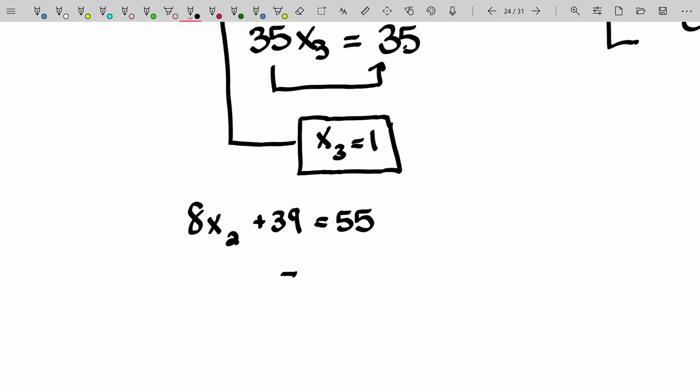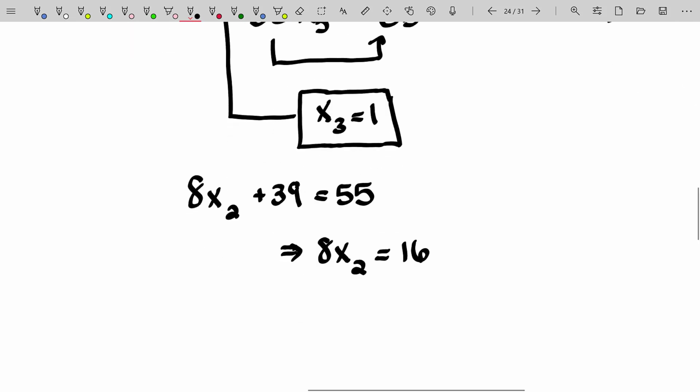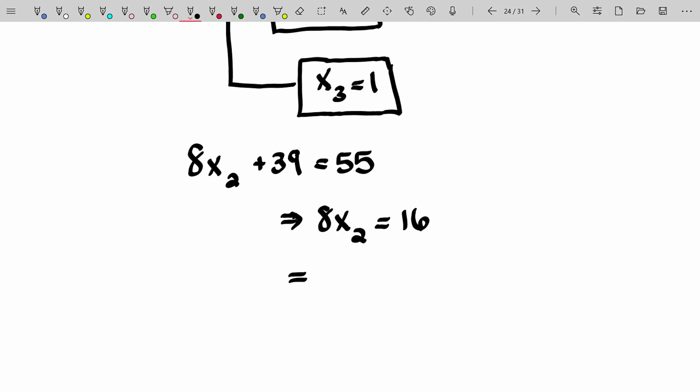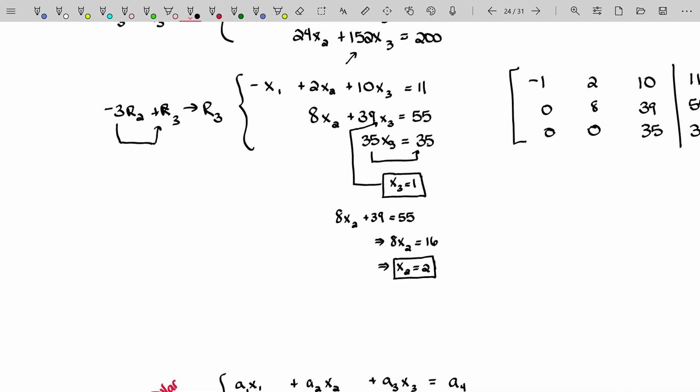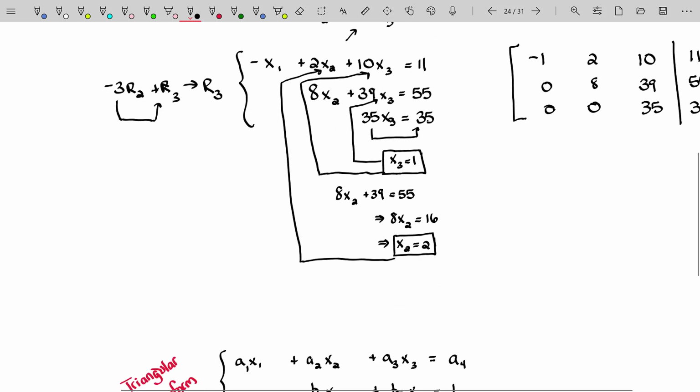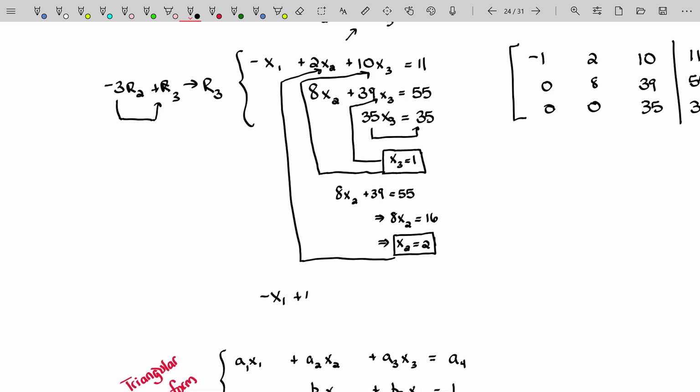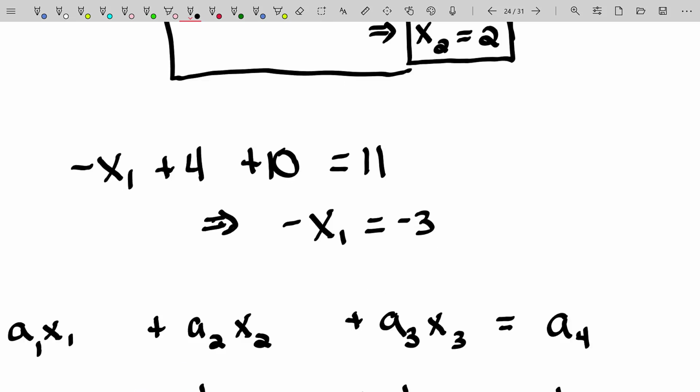Subtract 39 from both sides, and we get 8 x sub 2 is 16, or in other words, x sub 2 is 2. Taking x sub 2 and x sub 3 and plugging them into the top equation, we get -x sub 1 plus 4 plus 10 is equal to 11. This tells us -x sub 1 is equal to -3, which implies x sub 1 is equal to 3.